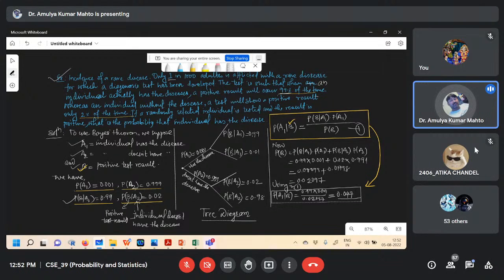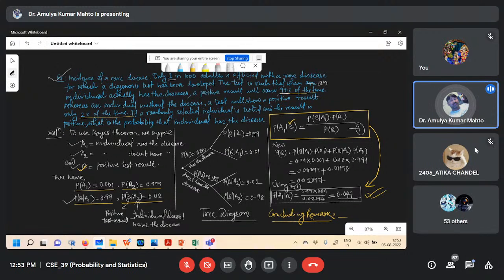The test result is positive and the individual has the disease. You can think of this and add some concluding remark here, by understanding why this is and what this means actually.